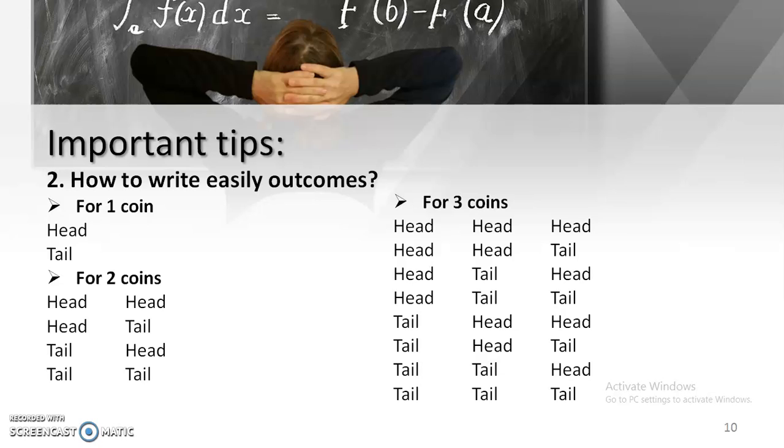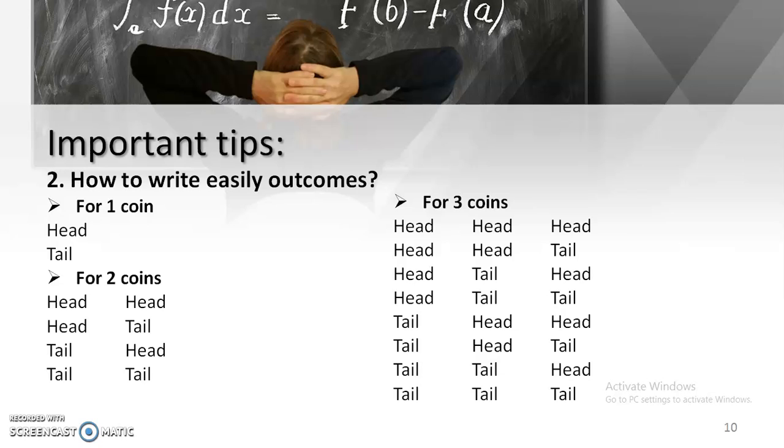Now for 3 coins, we have 8 outcomes. In the first column, 8 divided by 2 means 4, so 4 times head, 4 times tail. Now 4 divided by 2 means 2, so 2 times head, 2 times tail, 2 times head, 2 times tail.